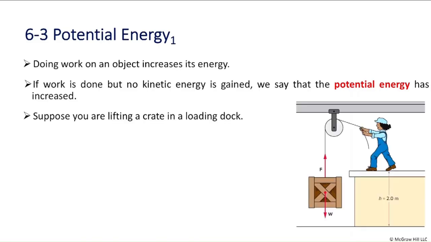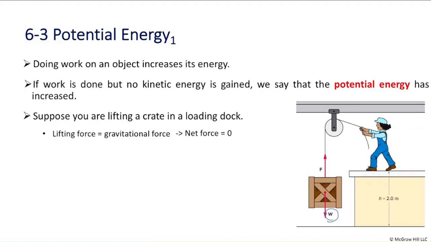Let's look at an example. Imagine lifting a crate in a loading dock as shown in this figure. To pull the crate upward, you should apply a force, and at the same time the crate experiences a downward gravitational force W, which is equal to mg. If your pulling force exactly equals the gravitational force, then the net force is 0.